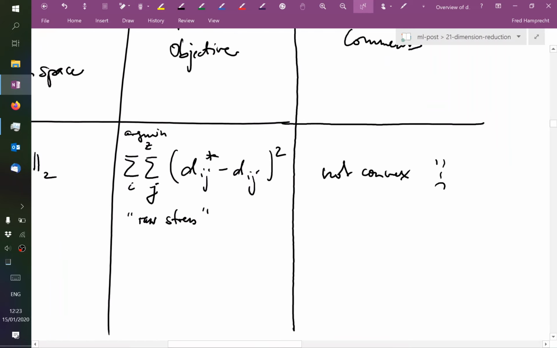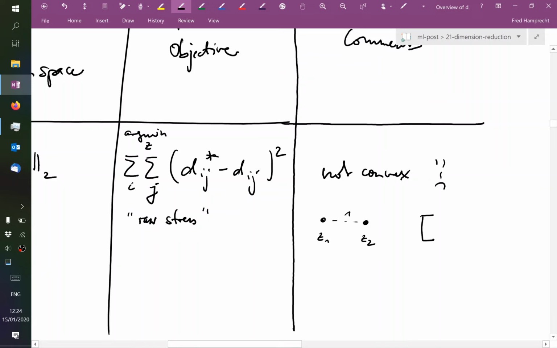Why is that so? Consider 2 points. Let's say we're talking low dimensions, so let's say this is point z1 and z2. And they have a distance, let's say a distance of 1. So I get a distance matrix out.